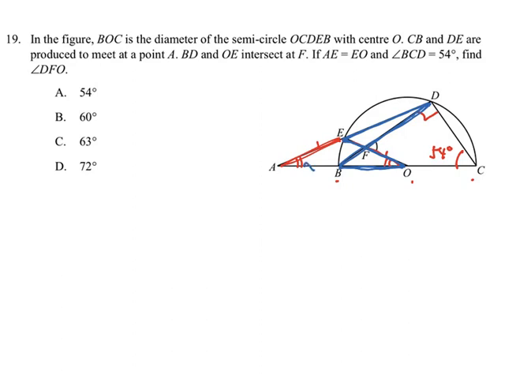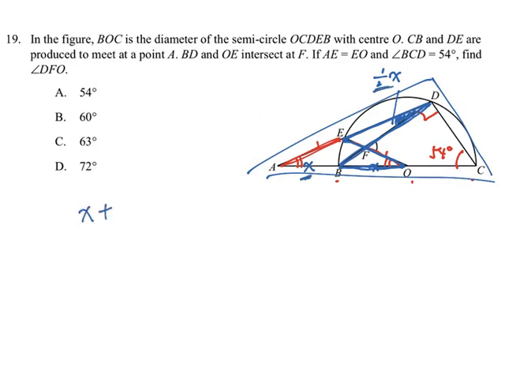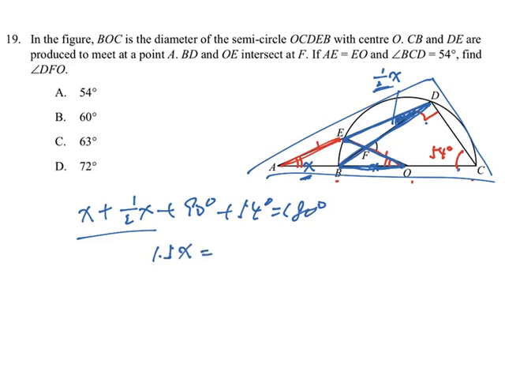For example, we let this be x, so this one is half of it. After we get this information, we'll consider the big triangle. So we have x plus 1/2 x, plus the right angle, plus 54, equal to 180. So 1.5x equals 36 degrees, so x is equal to 24 degrees.